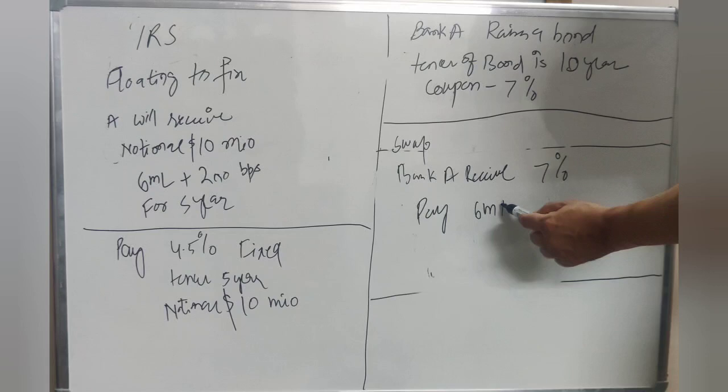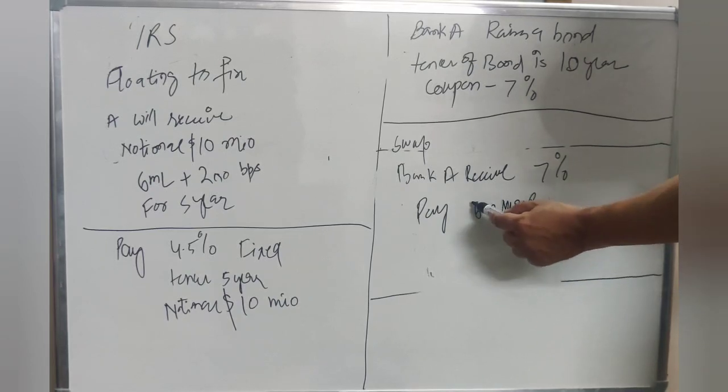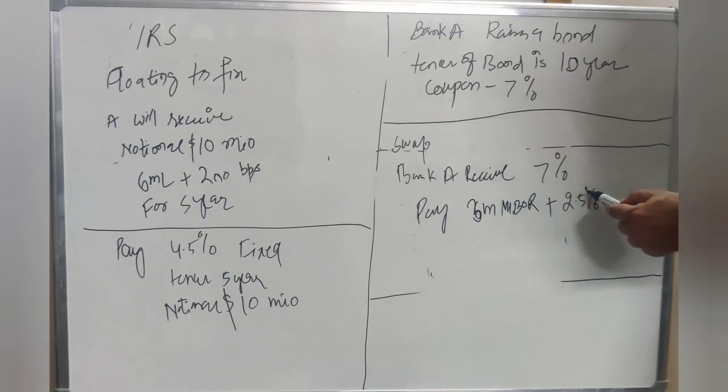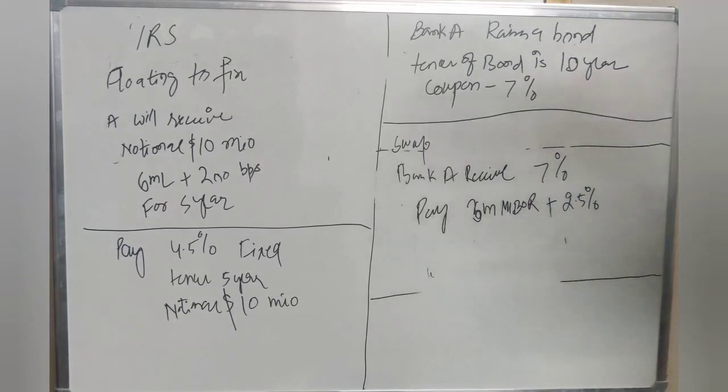So the bank can hedge this risk by doing an IRS where the bank will receive fixed 7% and pay, let's say, 3-month MIBOR plus 250 bps to the counterparty. In this way the bank has hedged their interest rate risk by IRS.